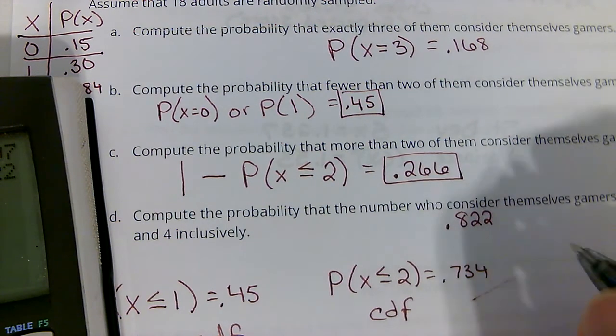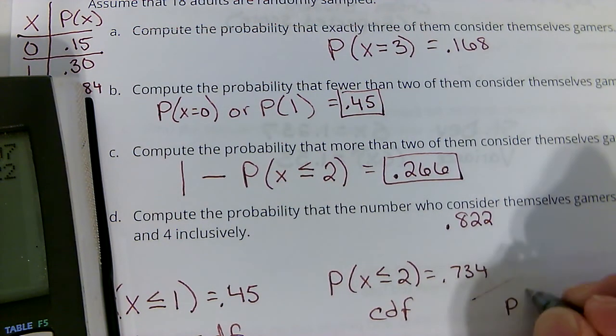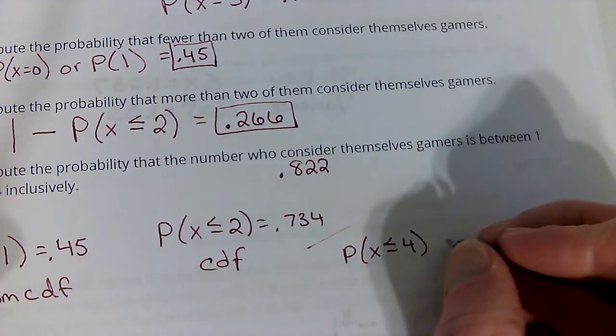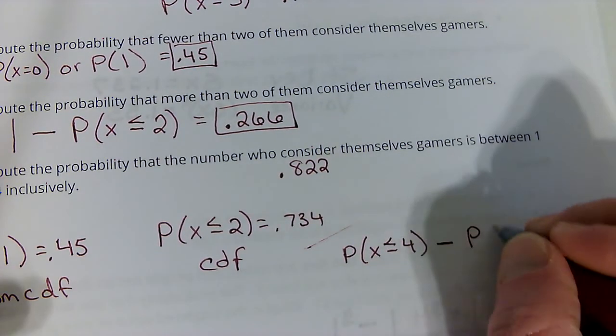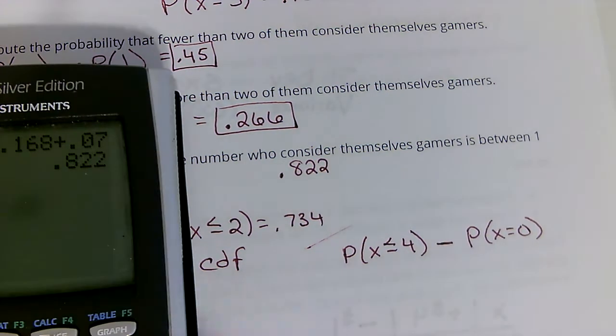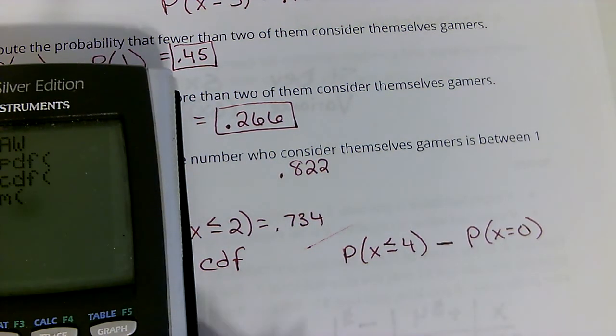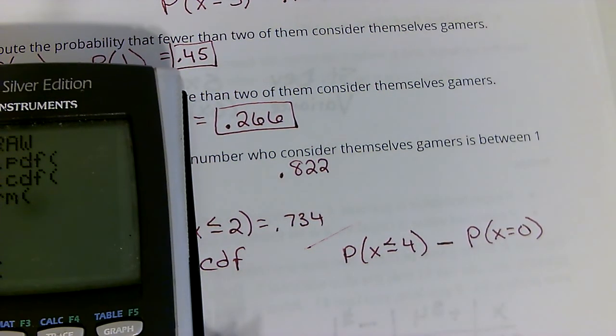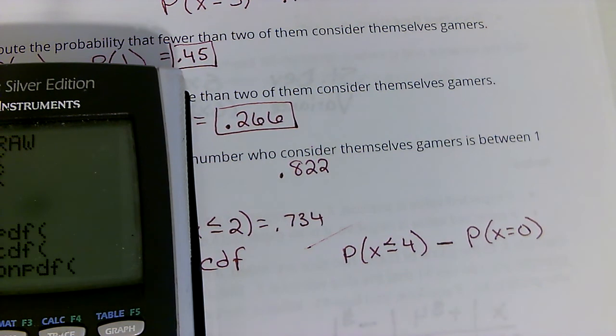Well, couldn't I also do the probability that x is less than or equal to 4 and then subtract out the probability that x is 0? Ooh. Okay, so I'm going to go find the CDF one again.